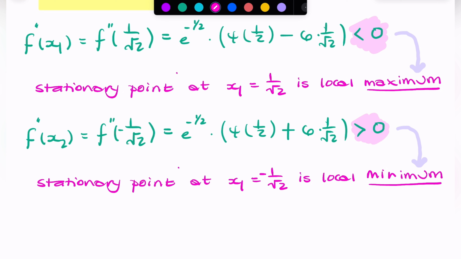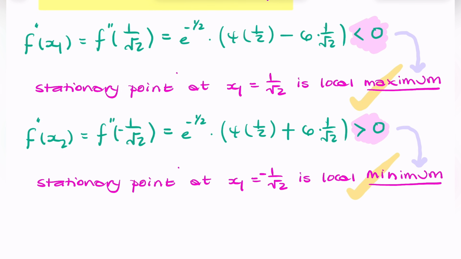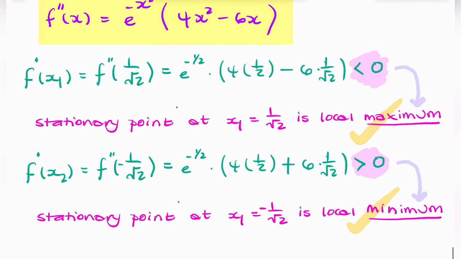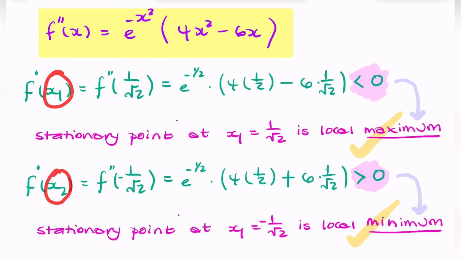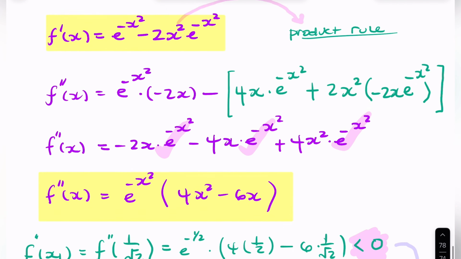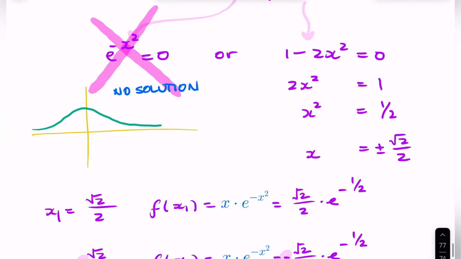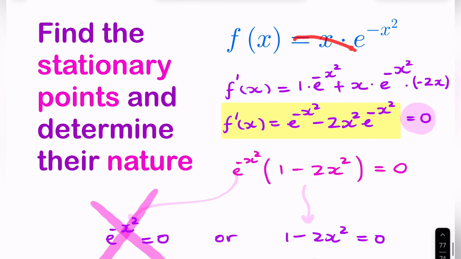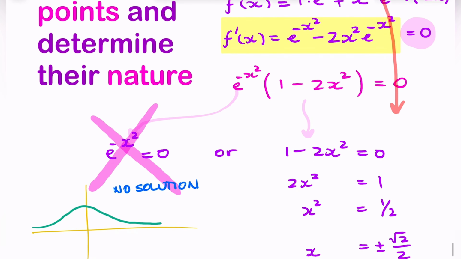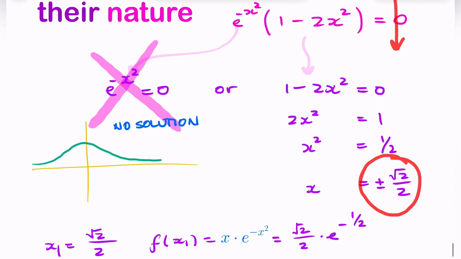Okay, so it's important to realize that it's the second derivative you're looking for. You don't set it to 0. What you do is you substitute the value that you found initially when you said that the first derivative was 0. So when we worked here, we found our solutions for x.